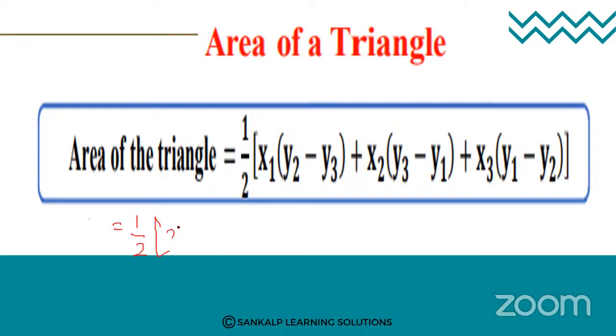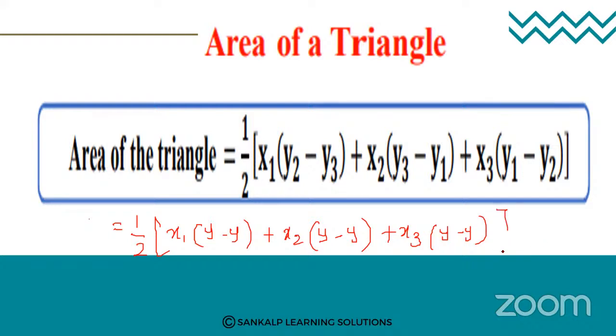Then write x1 bracket y minus y. These are simple tricks I am telling you to remember the area of triangle formula. Write x2, then y minus y, then x3, here also y minus y. Write x1 into y minus y plus x2 into y minus y plus x3 into y minus y.